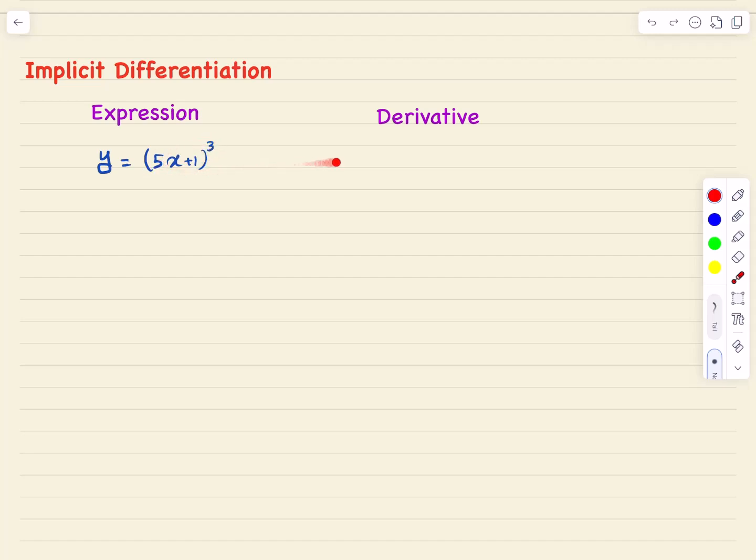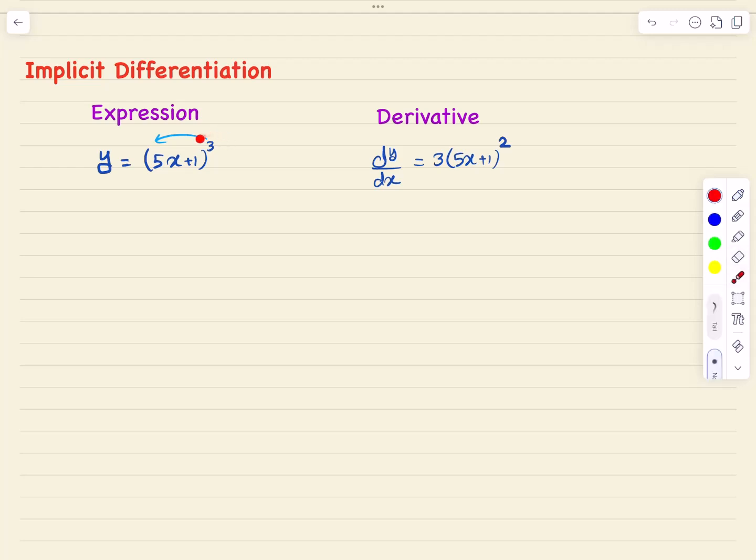Now we need to differentiate this as we learned before in the chain rule. To differentiate, we denote the derivative of y as dy over dx. To differentiate this bracket to the power of 3, we drop the 3 down first, then it will be 3(5x + 1), and all of that to the power of 2, which is 3 minus 1.